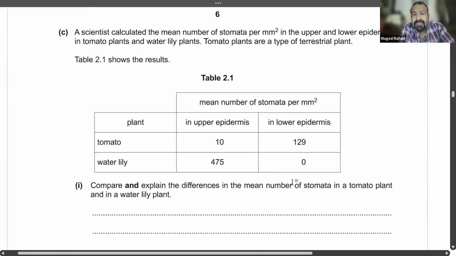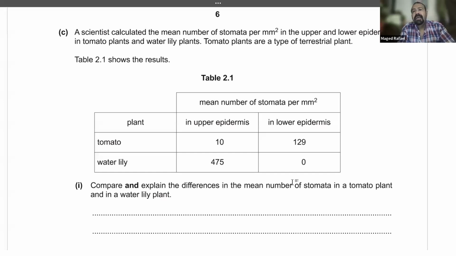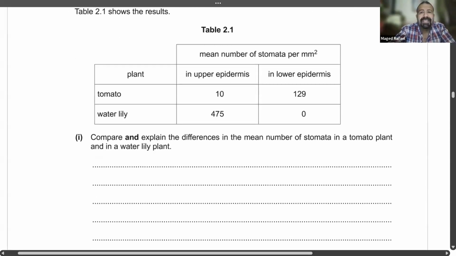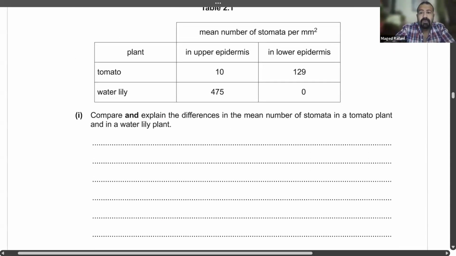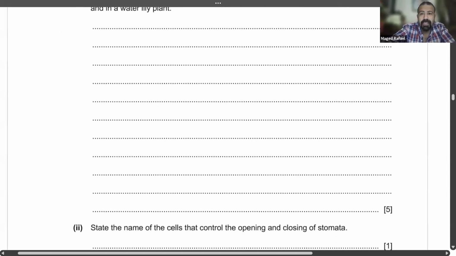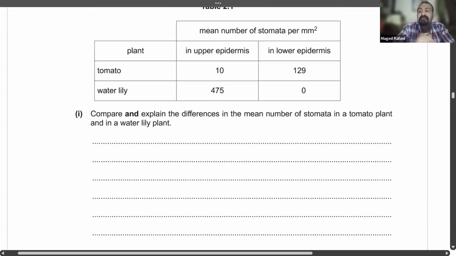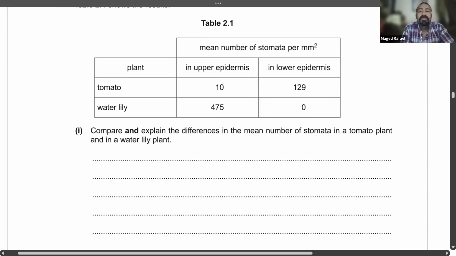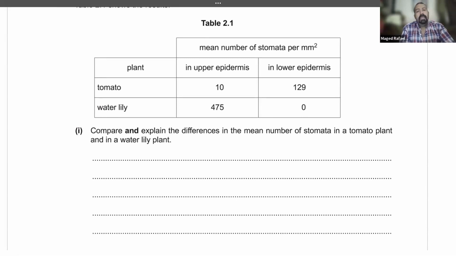Look at this question. A scientist calculated the mean number of stomata per millimeter square in the upper and lower epidermis in tomato plants and water lily plants. Tomato plants are a type of terrestrial plant, and this is the data provided. Look, it is a 5 marks question, and I want Malak Ahmed to help me in this question, okay?